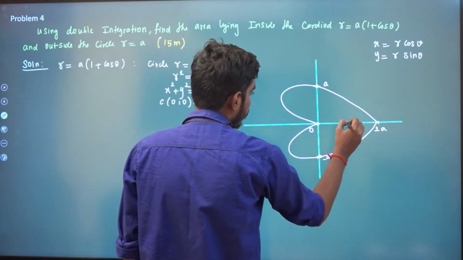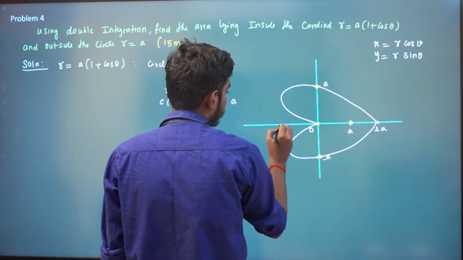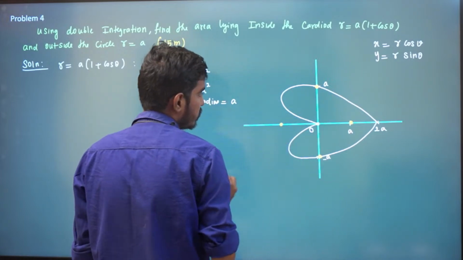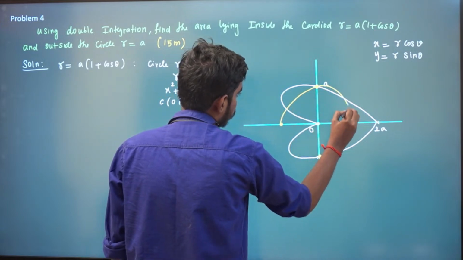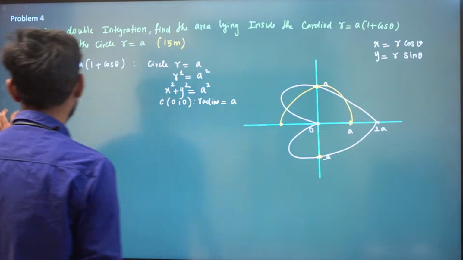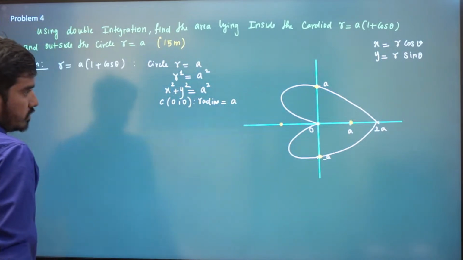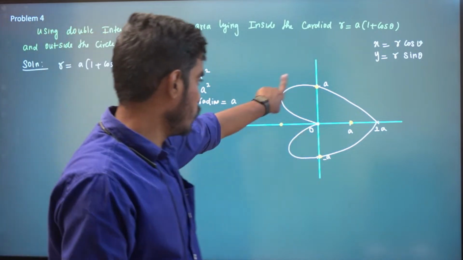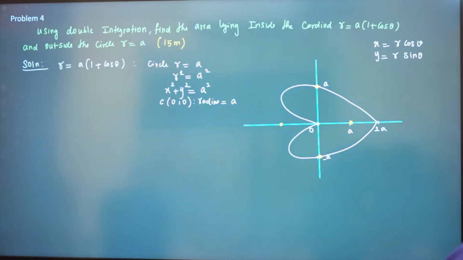Let us say this is minus a on this side. You just have to connect these and then you form a circle. Just a minute, I'll make use of the tool to draw the circle.